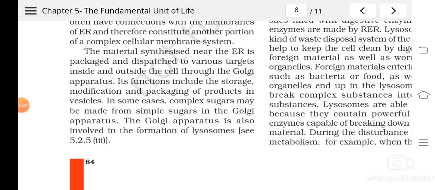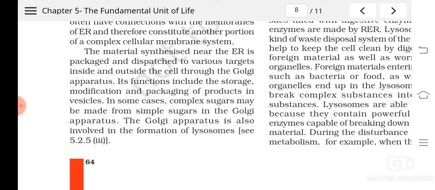So what are their functions? The major function is packaging and dispatching of various materials produced near the ER, that is, to send the materials between different parts of the cell along with ER.